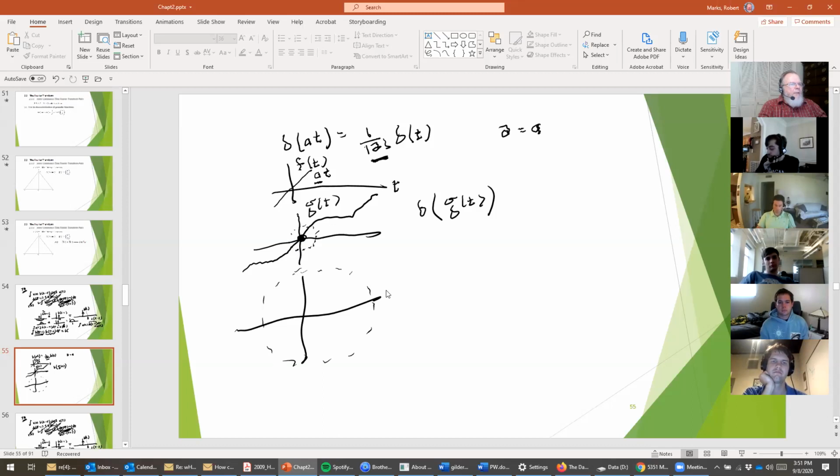If we put it under a big enough magnifying glass, what are we going to get? We're going to get a line that goes through the origin, correct? And what's the slope of that line?